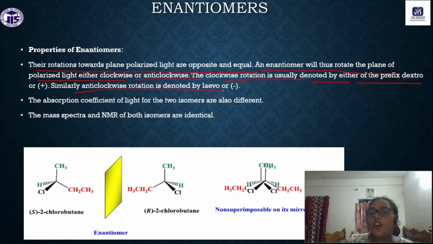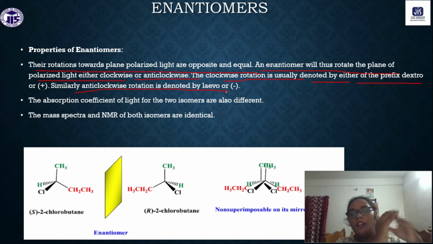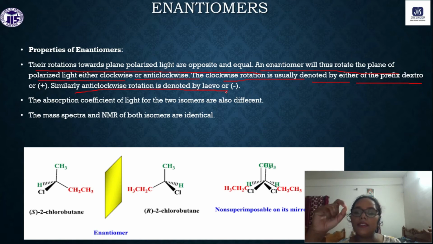Similarly, anti-clockwise rotation is levo or negative. In the older version, we used small d for the clockwise rotation and small l for the anti-clockwise, but nowadays we use the positive and negative signs.